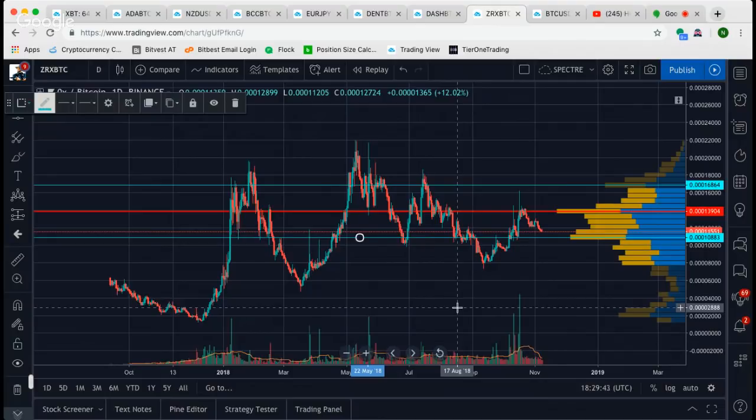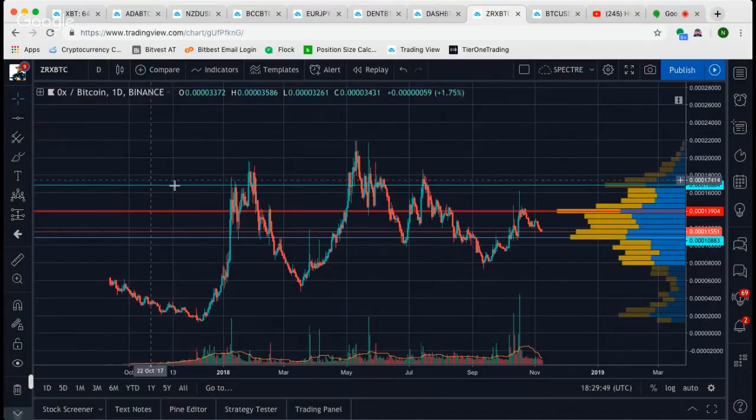So the point of control is just automatically determined when you use the VPVR, which is the volume profile visible range indicator. Volume is on the bottom here, in relation to time. So say March, May, July. During these periods, when you see a big spike up, if it's green, that's buyer volume. If it's red, that would be seller volume. Without getting too far into how that indicator works, this is actually volume in relation to price.